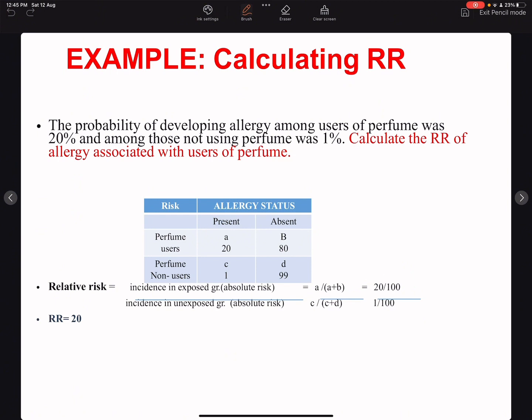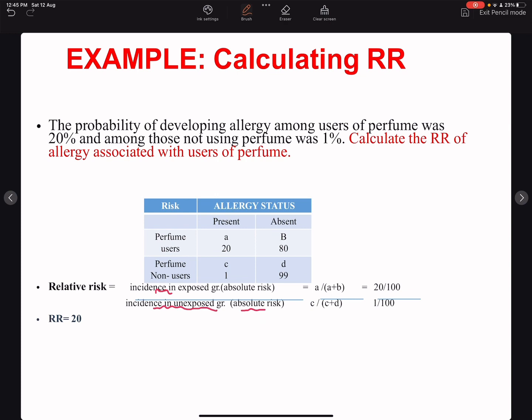So we have an exposure, which is perfume, and the outcome is allergy in one group and non-allergy in the other group. So here we are going to calculate the absolute risk among the exposed group divided by the incidence of the unexposed group, or the absolute risk among the non-exposed group.